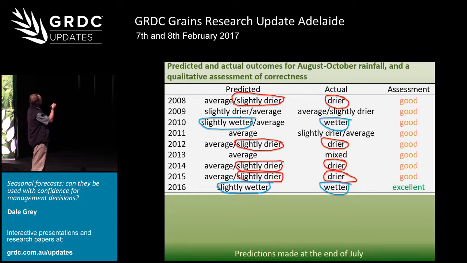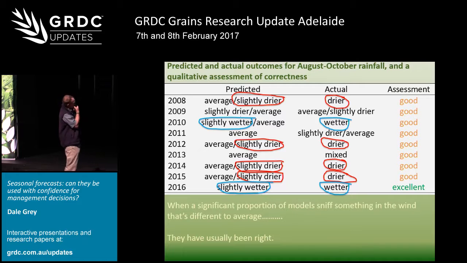It was predicted to be drier than it was, although there were some parts of Victoria that were quite dry. 2010, a slightly wetter signal from half the models, and it was. 2011, another neutral year that turned out slightly drier, but no one thought it would be. 2012, slightly drier from half the models, and it was. The same for 2014 and 2015, and last year they got it right as well.